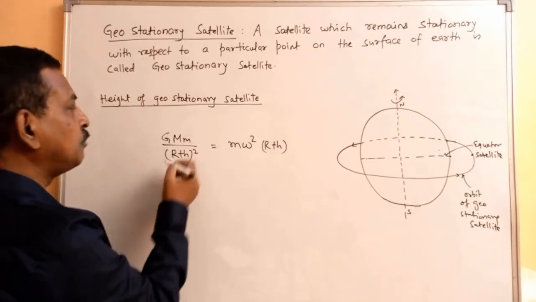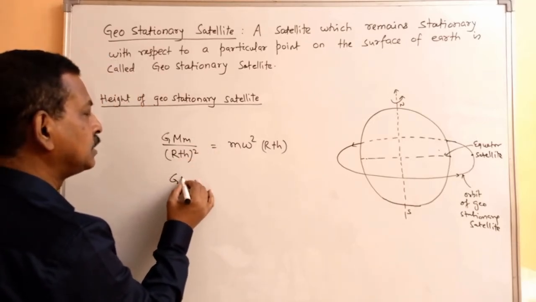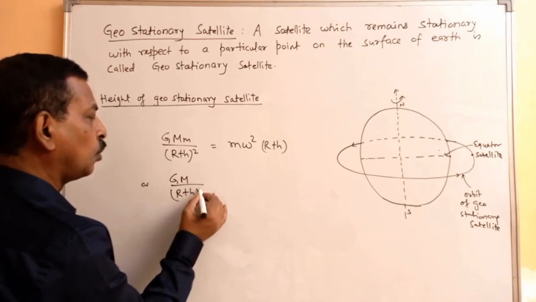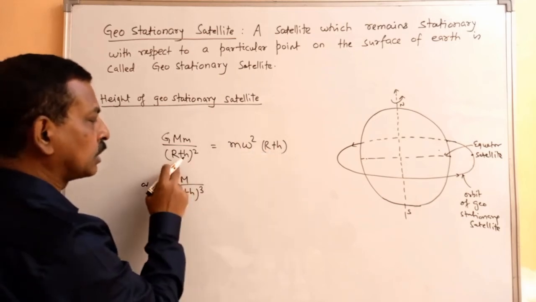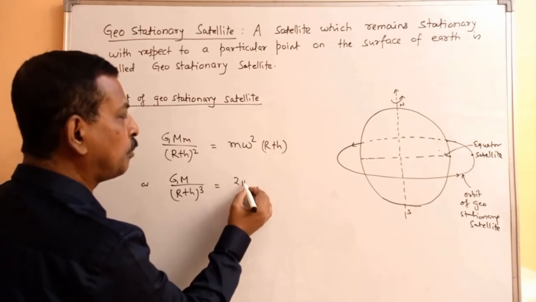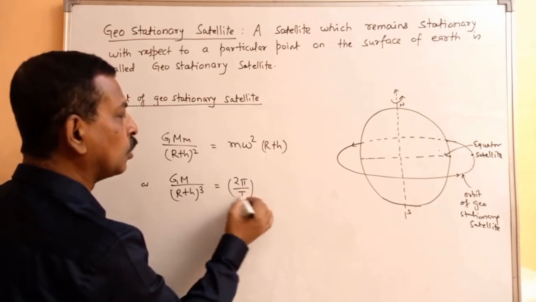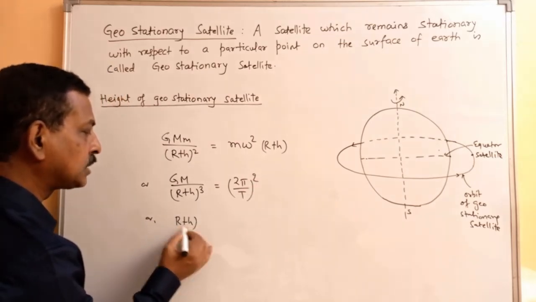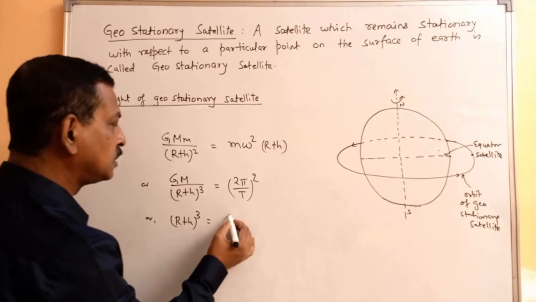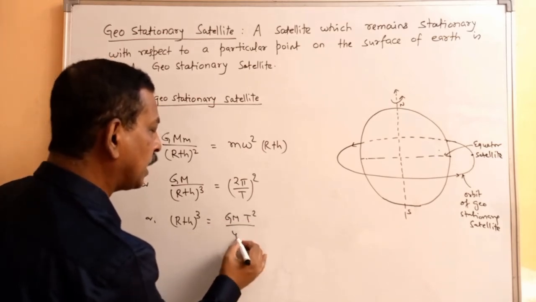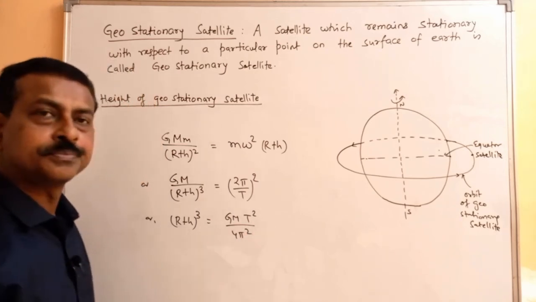Now here m will get cancelled, and we get GM by (r plus h) whole cube equals omega square, that is (2 pi by T) whole square. Or we can write (r plus h) whole cube equals GM T square by 4 pi square.